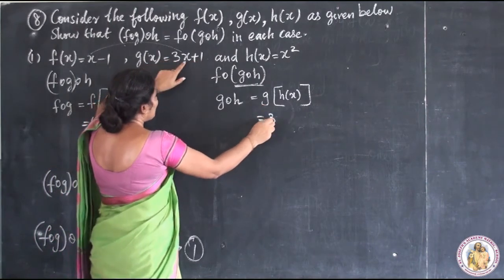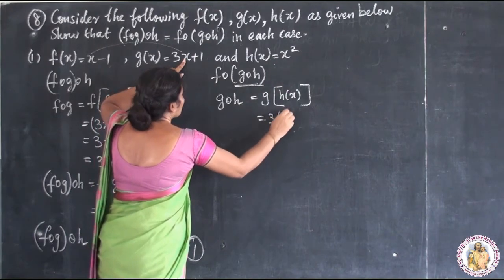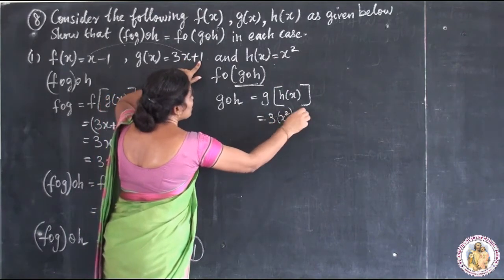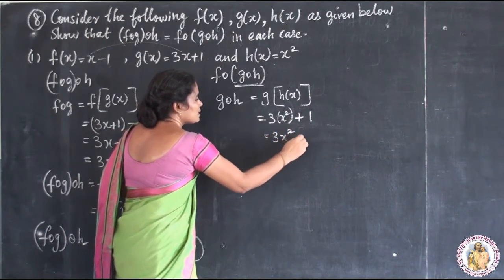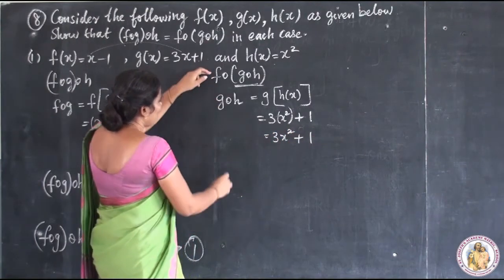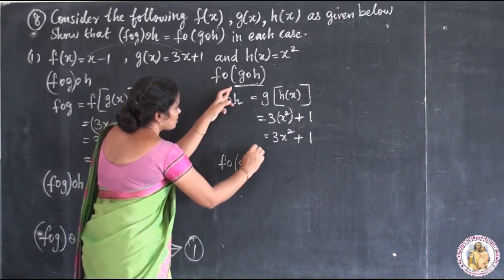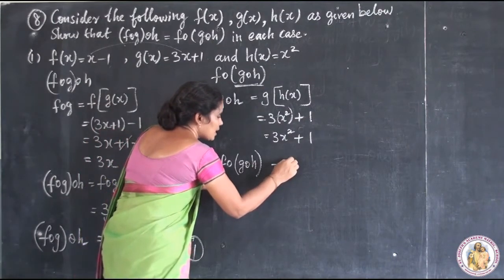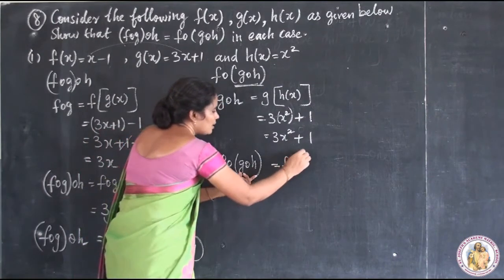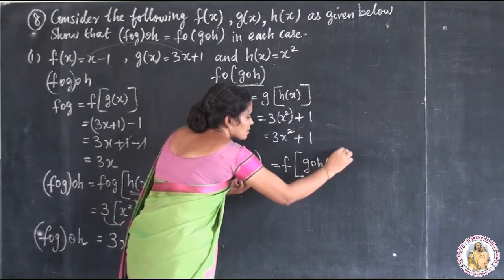Write in the place of x, x square plus 1. So it is 3x square plus 1. Then f of g of h, we got g of h of x.